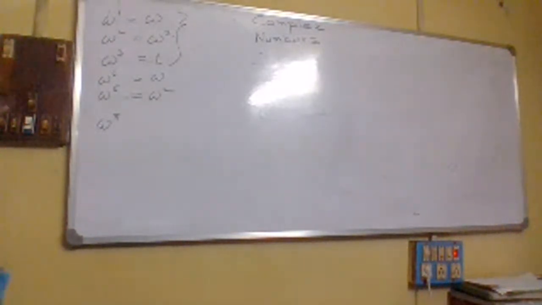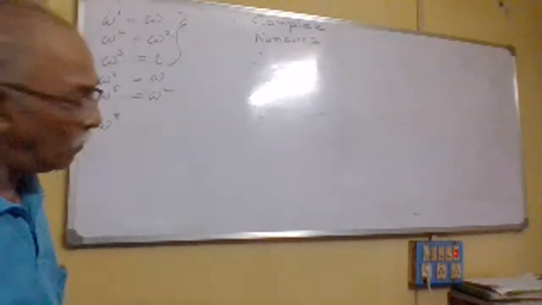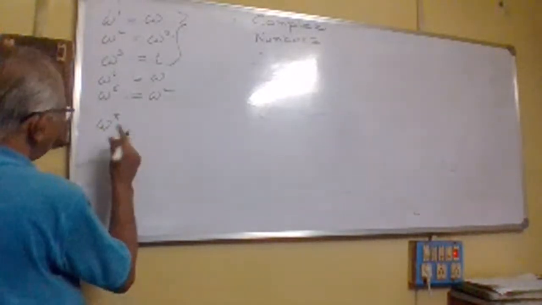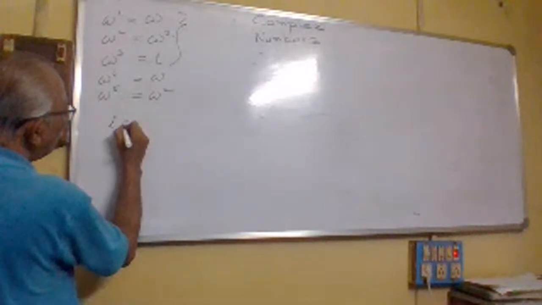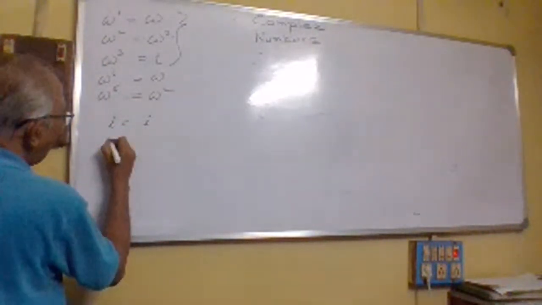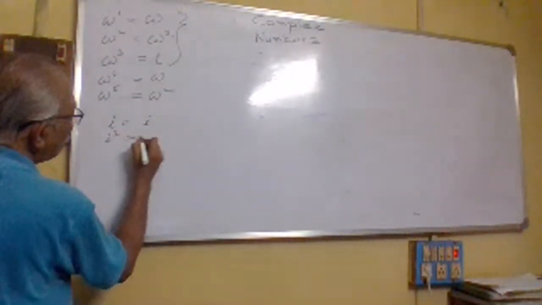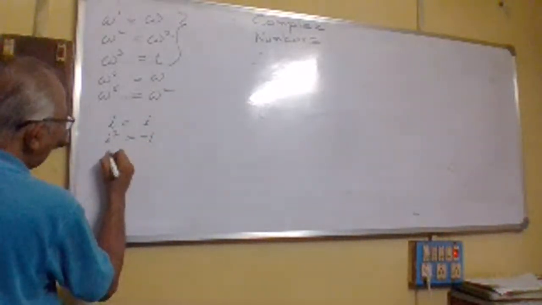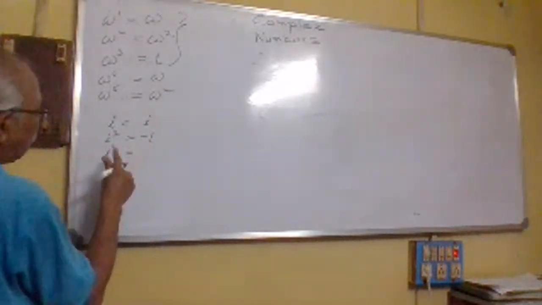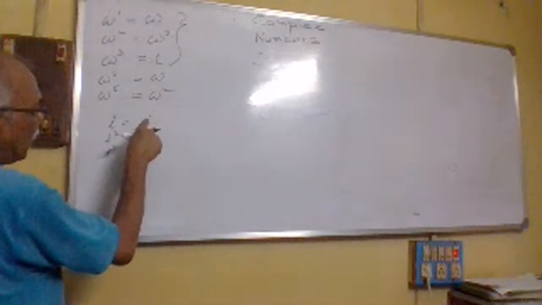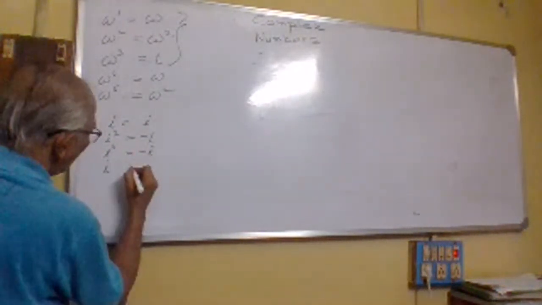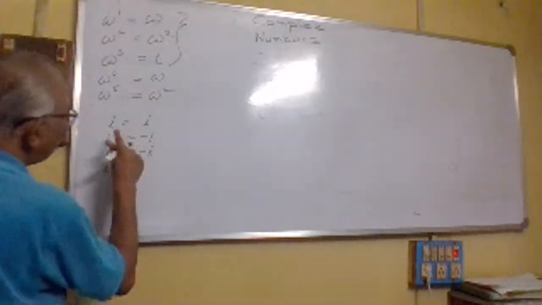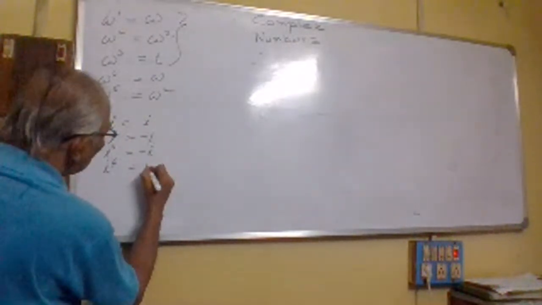And one more thing: these things you have to remember. Just I will show you, what about i? i square equals minus 1. i cube equals i square into i, minus 1 into i, that is minus i. i to the power 4 equals i square whole square, that is 1.